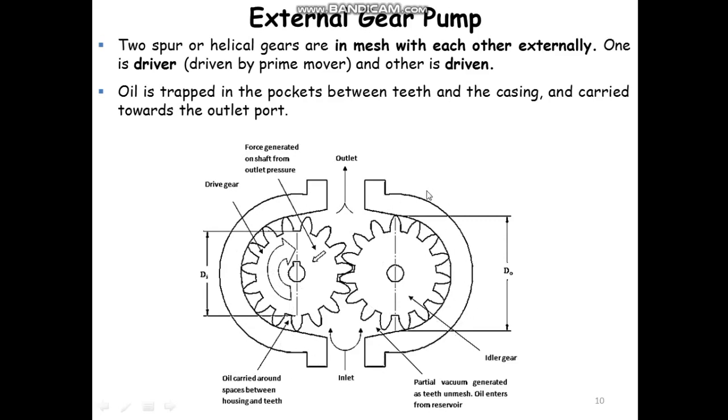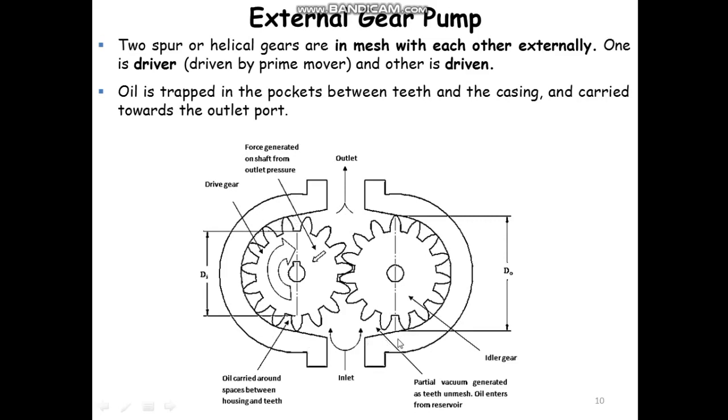So this is the complete casing, and now if you observe the space between the teeth of the gears and the casing, there is no space available between the teeth of the gear and the casing.